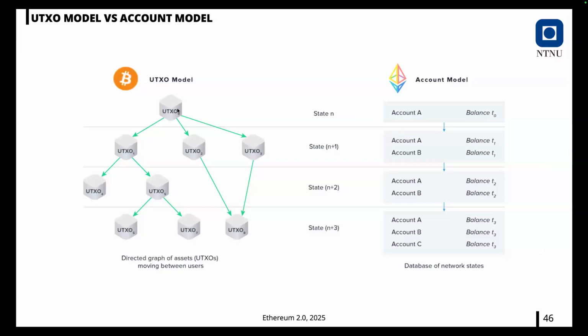So now, how come I have 3 UTXOs? This one is called UTXO 0, and this one is UTXO 1, 2, and 3. So how do I go from this to this?